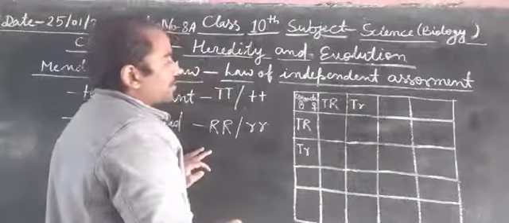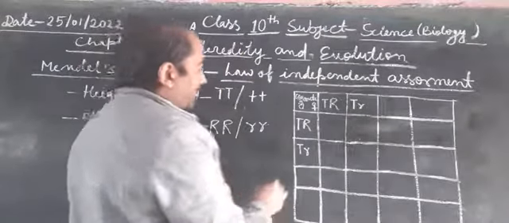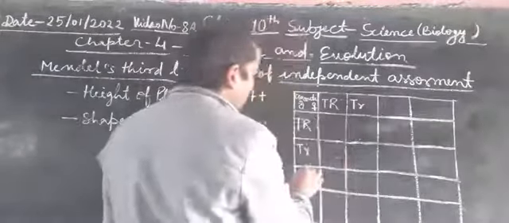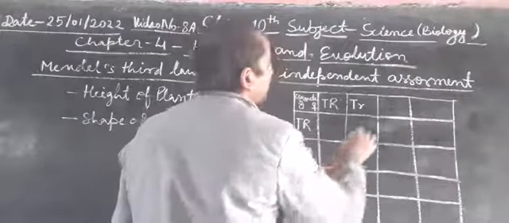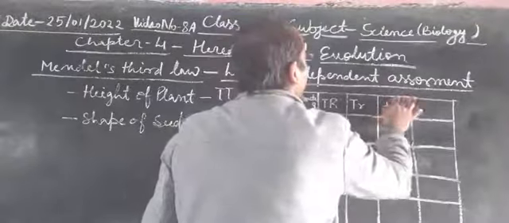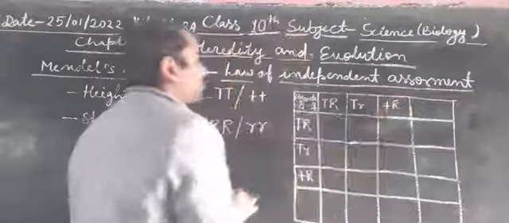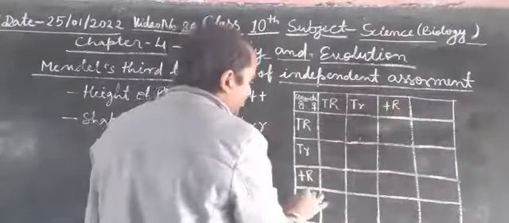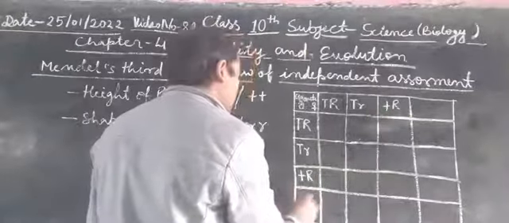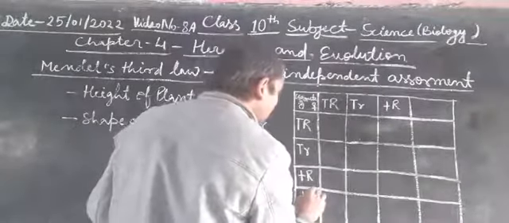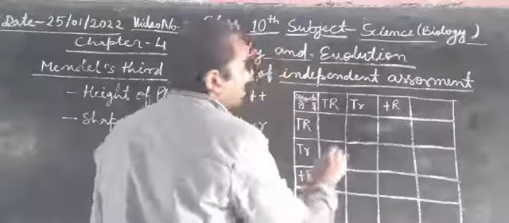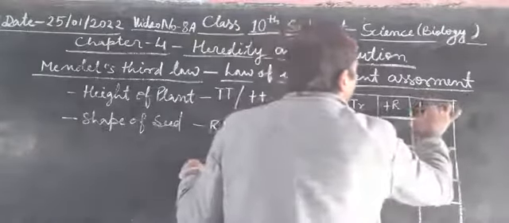Okay, and now small plant and round seed, small plant and round seed, and small and wrinkled, small wrinkled.